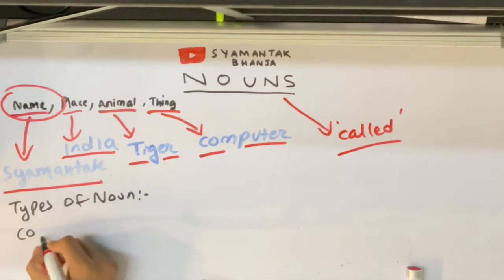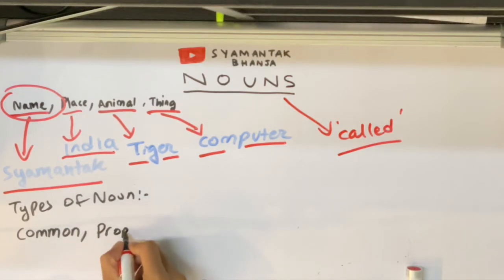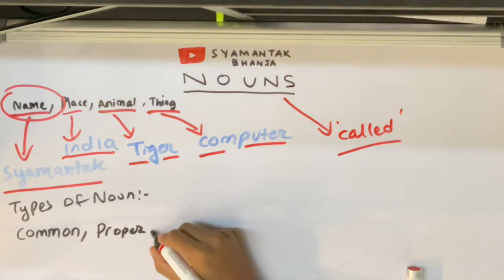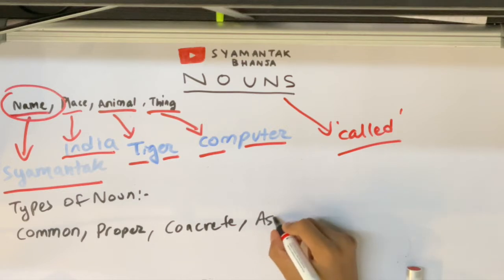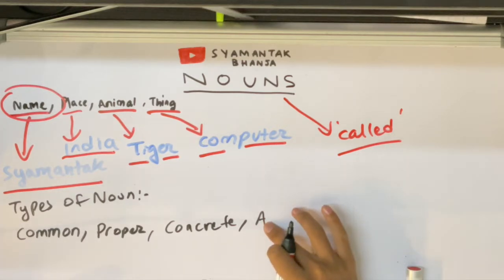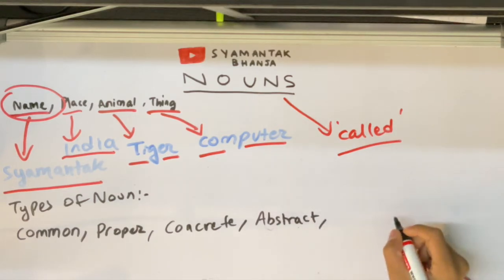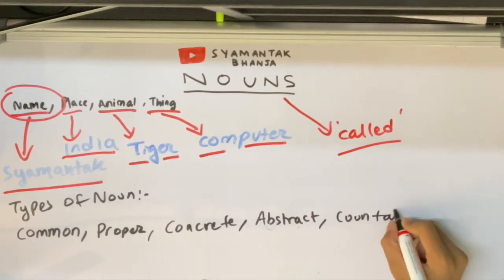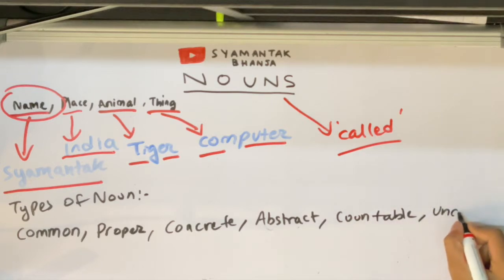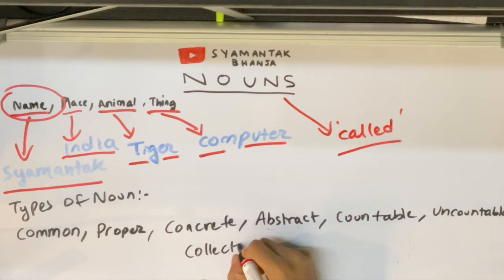You have common noun, proper noun, and then you have concrete, abstract, then you also have countable, uncountable, and finally you have collective.